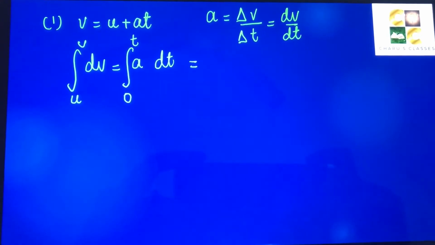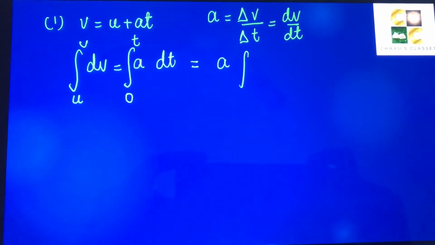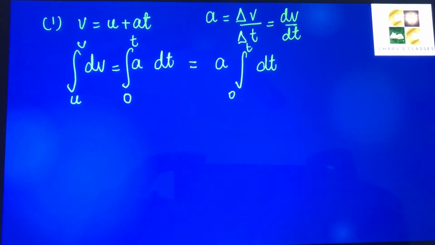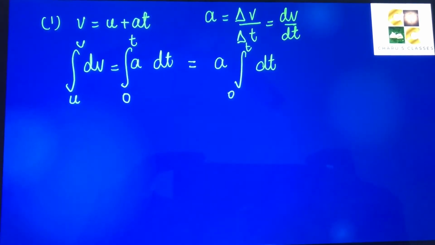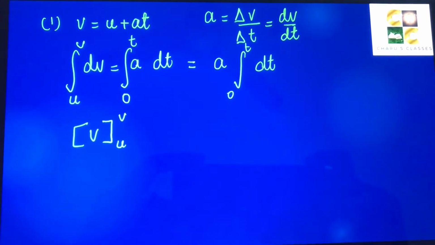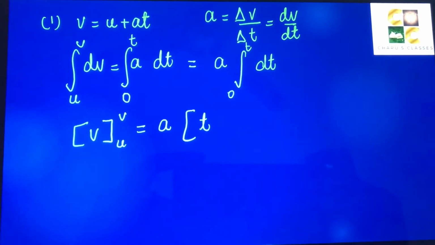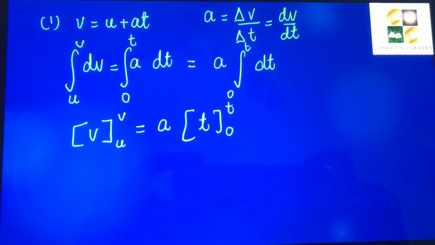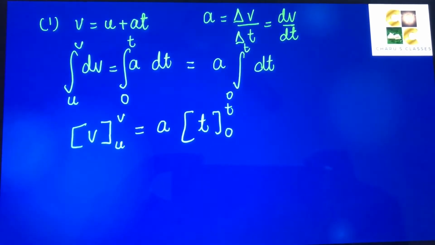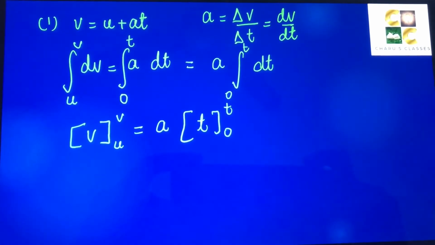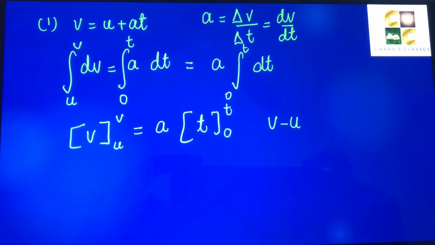Now since acceleration is constant, we can take it out. Integral 0 to t dt. Now integral of dv, that is v from u to v, is equal to a is constant. Integral of dt is t from 0 to t. So putting the values, in case of v, we will do v minus u.